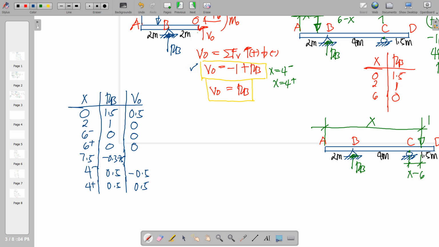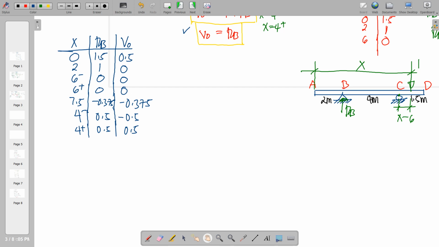Between the two, we're going to choose this equation, VO is equal to RB, because 7.5 is exceeding 4. So 4 plus is concerned with the right portion, and 7.5 is actually the right portion of your point O. By that, VO is equal to RB. We just copy negative 0.375 for that.